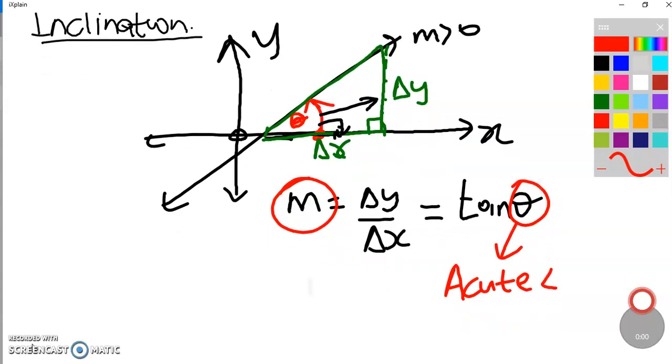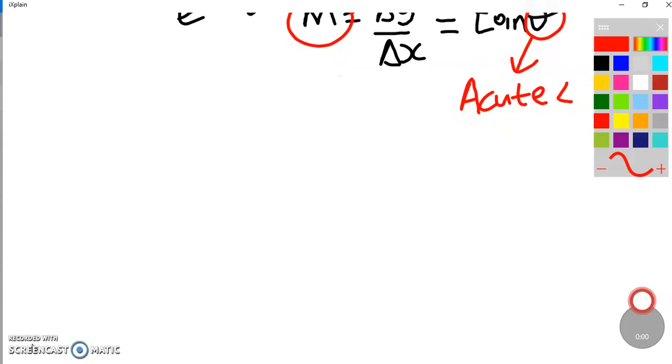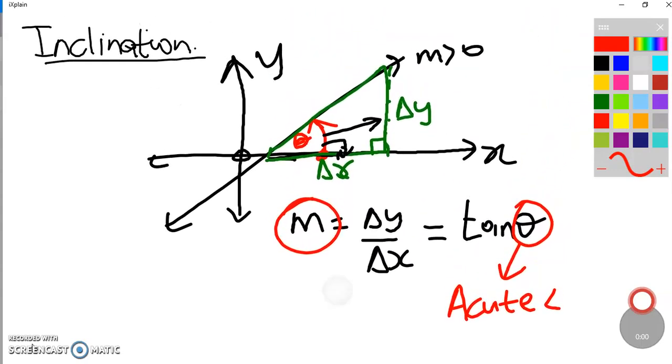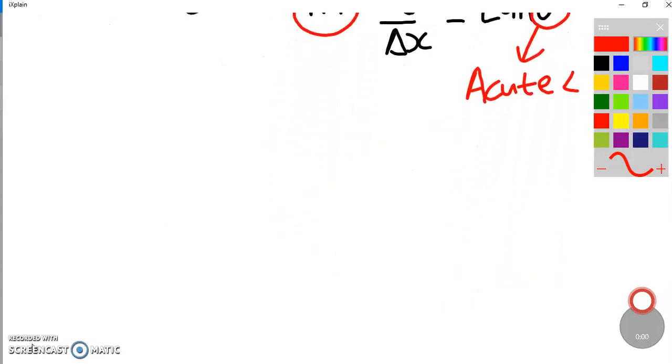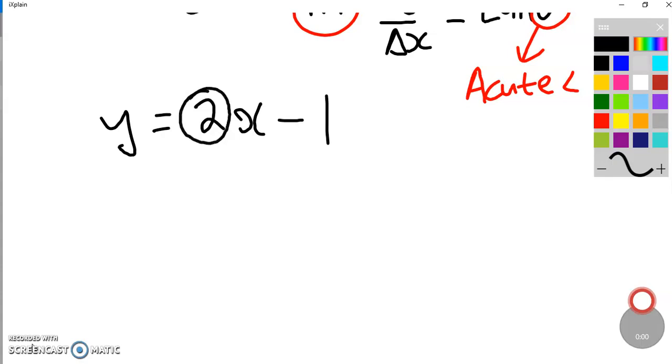For example, let's say the equation of this line is y equals 2x minus 1. The equation of a straight line is in the form y equals mx plus c, so this 2 is m.